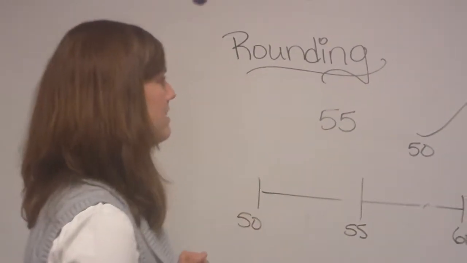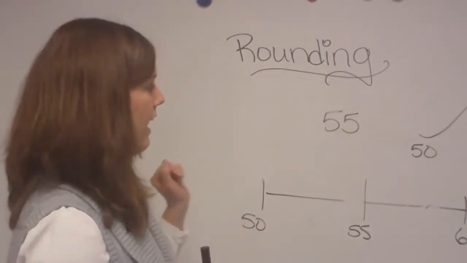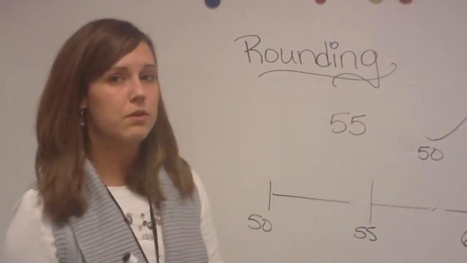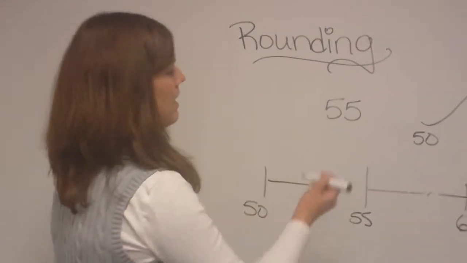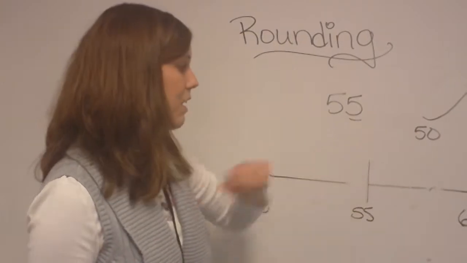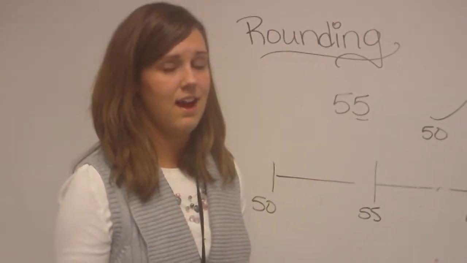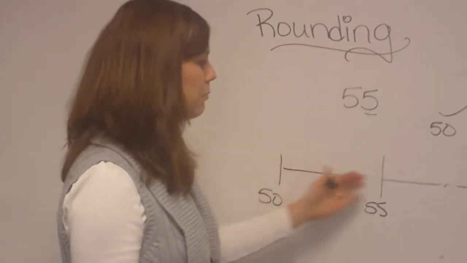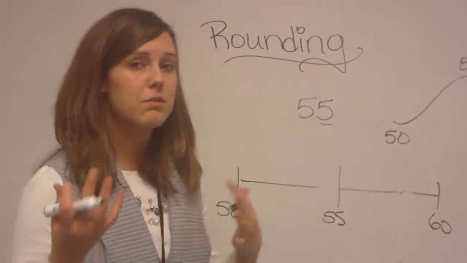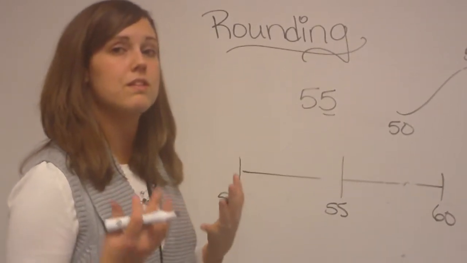So this is just an idea of what rounding looks like with whole numbers. And when we look at the rule, 5 or more raise the score, 4 or less let it rest, a lot of people just look at that second number. Yes, that second number is what helps us decide how to round it, but it's the number line and where the numbers fall closest to that makes that rule actually work.